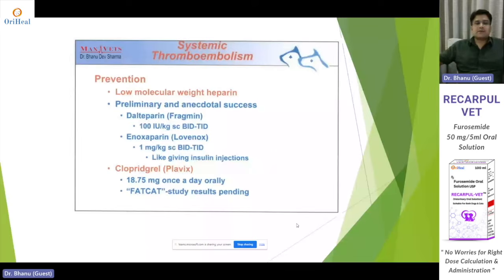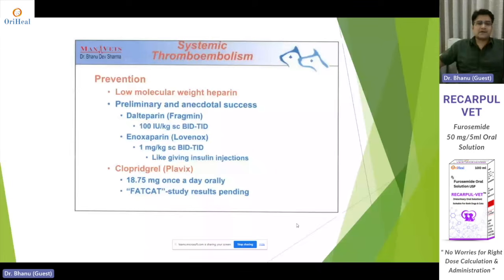age drug is clopidogrel. This clopidogrel or Plavix, you get a 75 mg tablet, and you give 1/4 of the tablet, which would mean 18.75 mg once a day orally per cat. So this is a new age drug for prophylaxis.